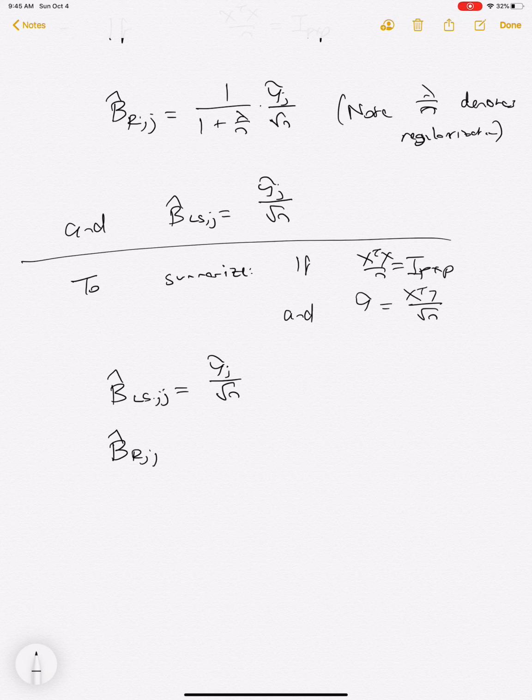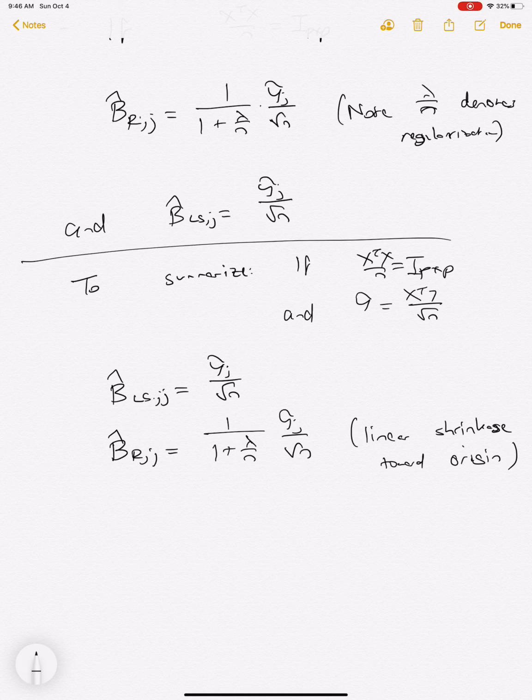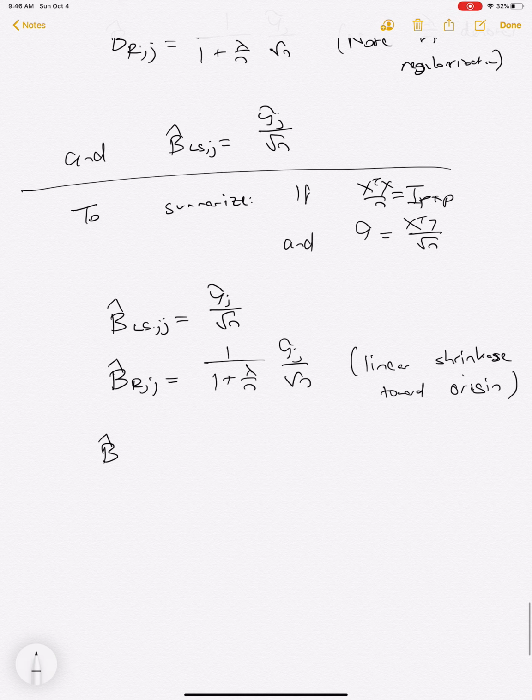Beta hat ridge, the ridge regression, does some, this can be thought of as linear shrinkage toward the origin, or towards the point of 0. And then this is nonlinear soft thresholding.